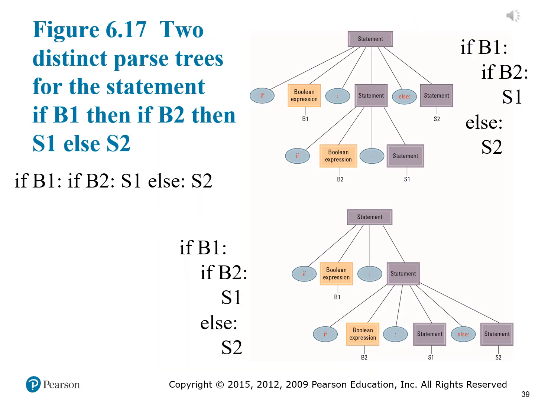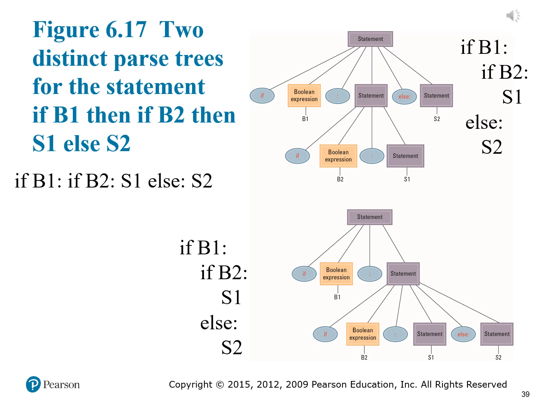Ambiguities in grammars can be quite subtle. As an example, parsing of the statement if b1: if b2: s1 else: s2 can be interpreted in two different ways, as shown by the diagram on the right. Note that these interpretations are significantly different. The first implies that statement S2 is to be executed if B1 is false.